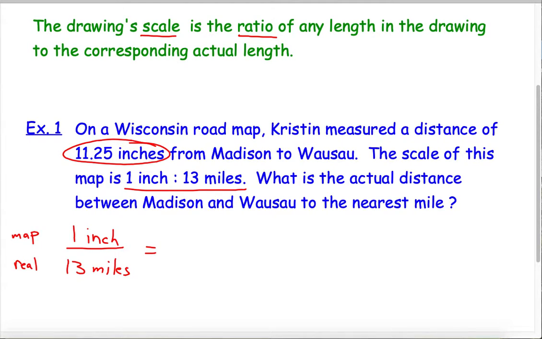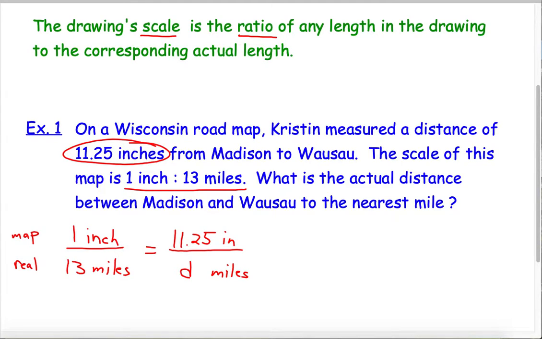So the 11.25 inches, what does that represent? Is that a measurement on the map, or is that a real distance? Well, obviously that's the measure on the map, so that's going to go on the top, so it matches up with 1 inch in the other fraction. So 11.25 inches. And then the actual distance, I don't know, call it D, and then I'm going to write down here, just to remind me that my answer D is going to be in miles.